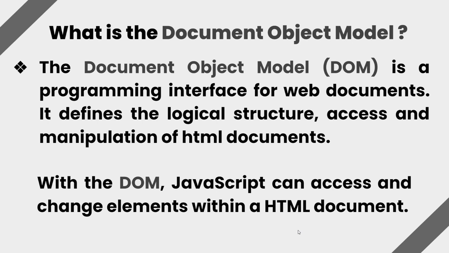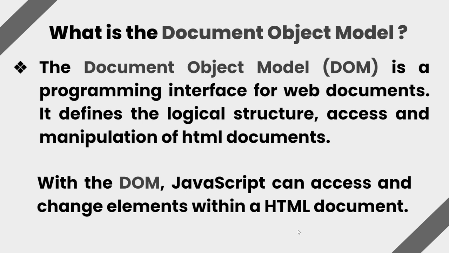Now, the DOM actually is an important part of being able to render a web document. Most of us might not know this, but it's very, very important. And another reason why it's important is because it defines the logical structure of HTML documents.